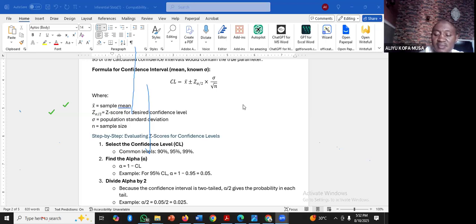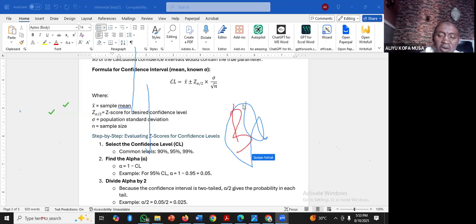Sir, I just want to clarify this confidence level. When you said it's 90, 95, and 99, and we want to calculate alpha, alpha equals 1 minus 0.95. Why did you use it as a decimal and not just 90, 95, or 99?